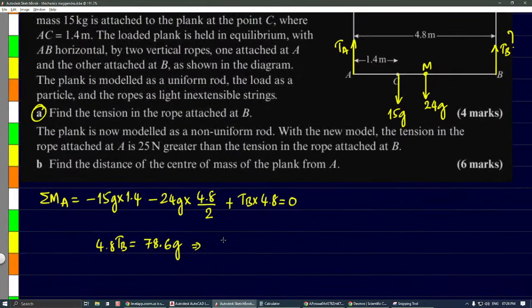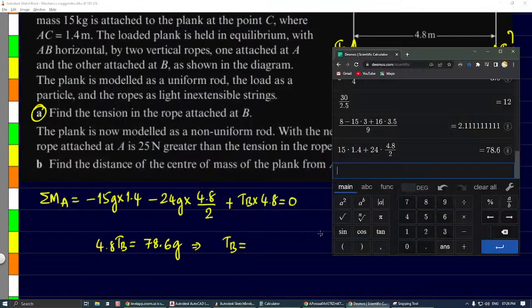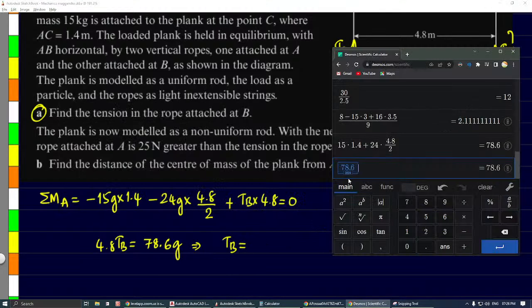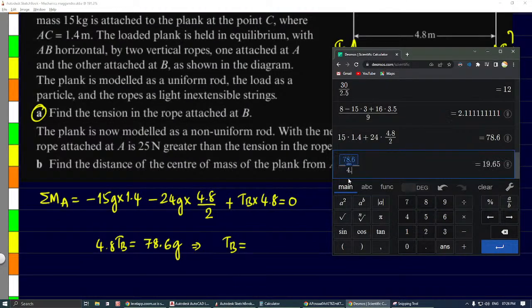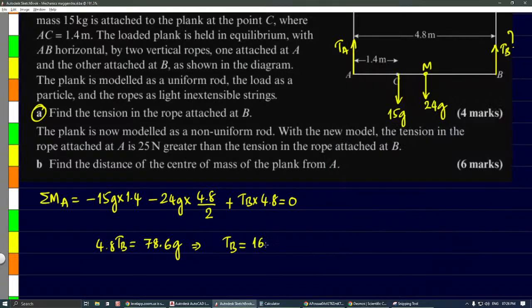So this implies that the TB value will be this divided by 4.8. So 16.375 times g. Okay, and g value we know, g is 9.81. This is the acceleration due to gravity.